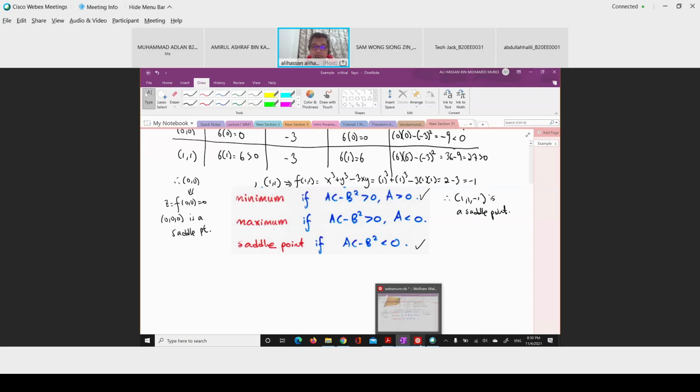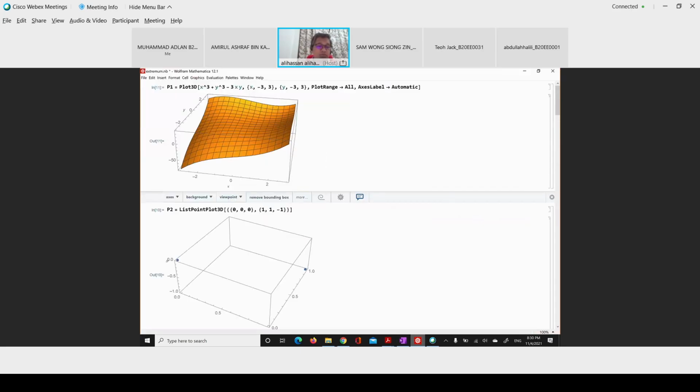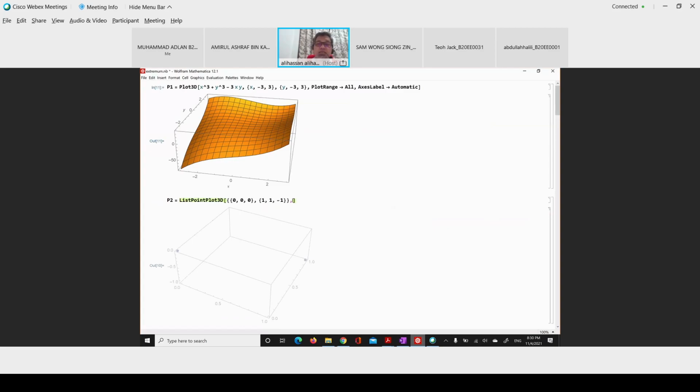So this is what I have plotted here. The point 0, 0, where is it? Maybe I should add the axis labels here as well. Label the axis.